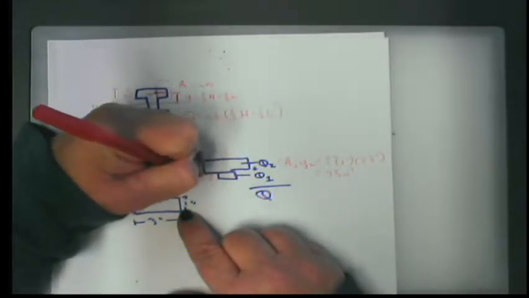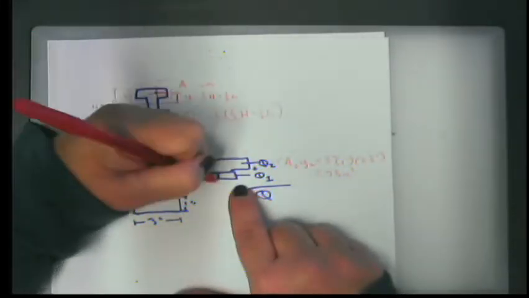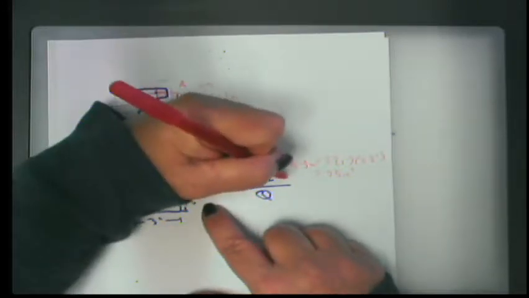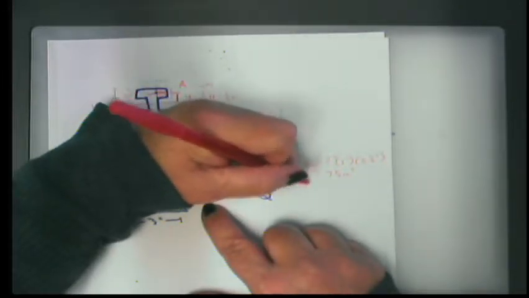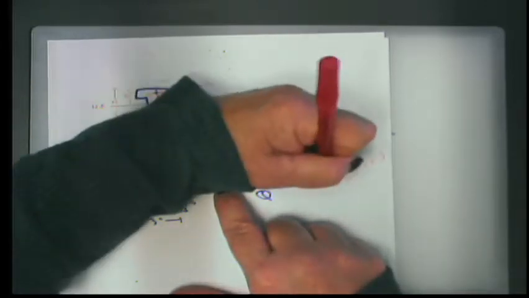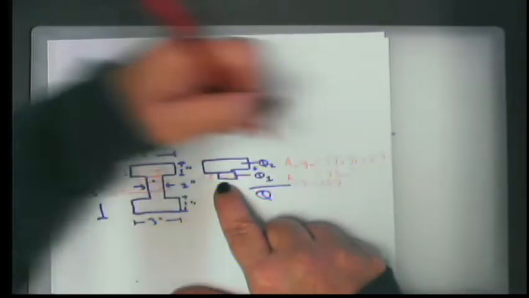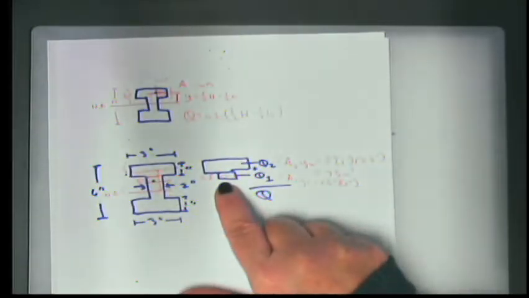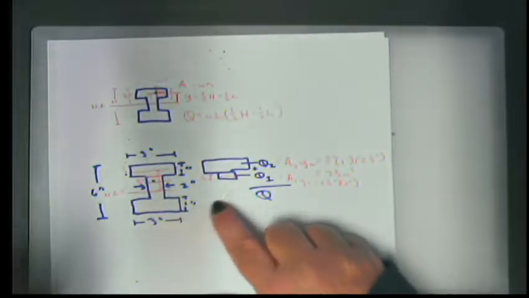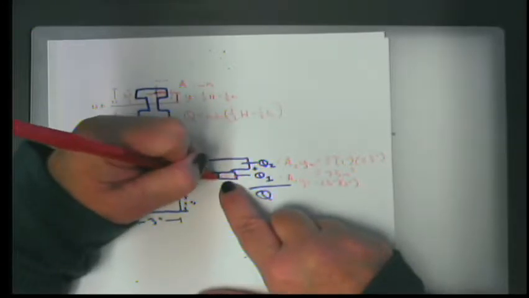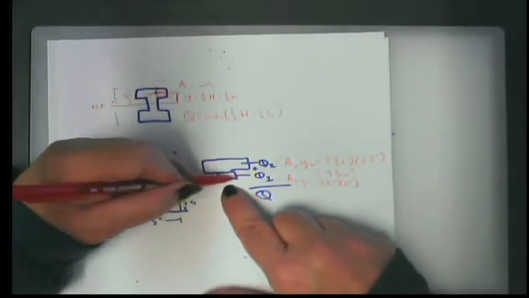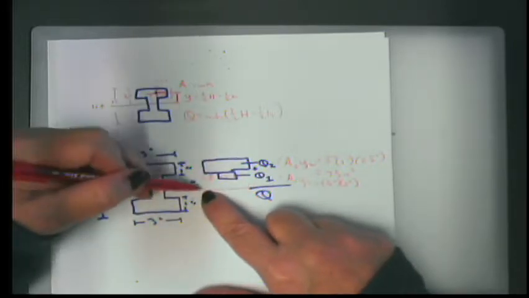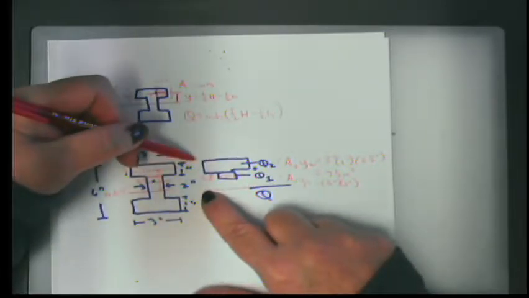This is 1/2 inch. This is 2 inches. So we know that this is equal to A1, Y1. A1 is 1/2 inch times 2 inches. And now we need to go through that bugaboo of finding the distance from the neutral axis of this little bitty chunk to this neutral axis. We know that this entire distance is 3 inches.